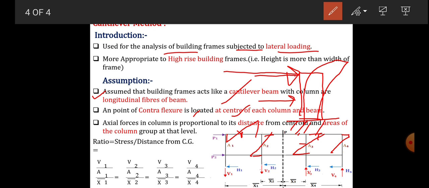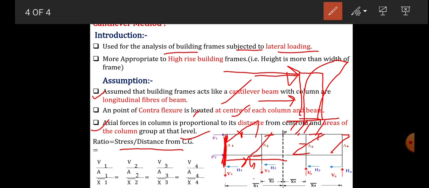Then the third one is that the axial force in a column is proportional to its distance from the centroid and the area of the column group at that level. Or we can say the stress is proportional to the distance from the centroid for each individual column. If this is a column, the stress in this column and its distance from the CG, let's say x1, that ratio is the same for each column.